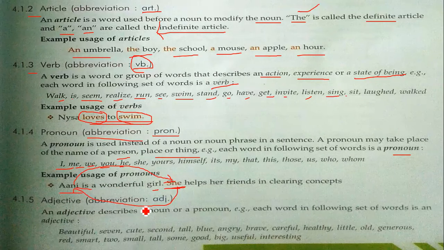Now adjective, abbreviation ADJ dot. You can see these abbreviations in the dictionary. An adjective describes a noun or a pronoun. For example, each word in the following set is an adjective: beautiful, seven, cute, second, tall, blue, angry, brave, careful.